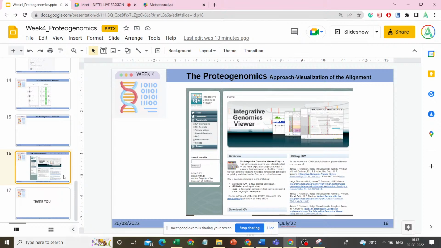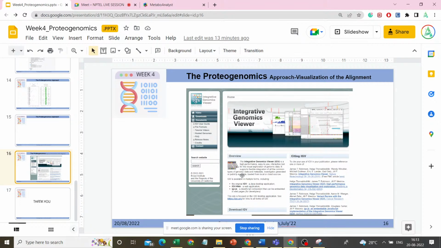For human genomics data, the Integrative Genomics Viewer gives you a chromosome-wise alignment view. You can try to read about it and use it. It is also present as a web application, but you need to give an alignment file, a BAM file or SAM file.